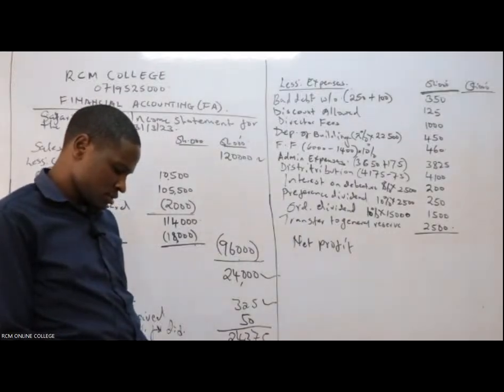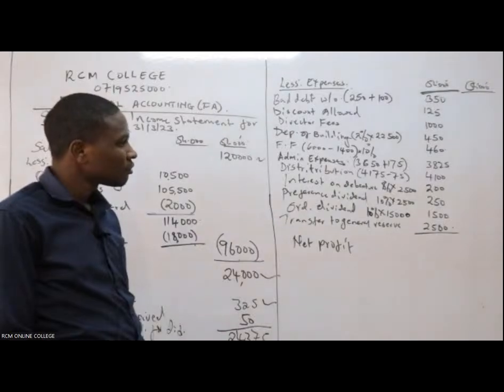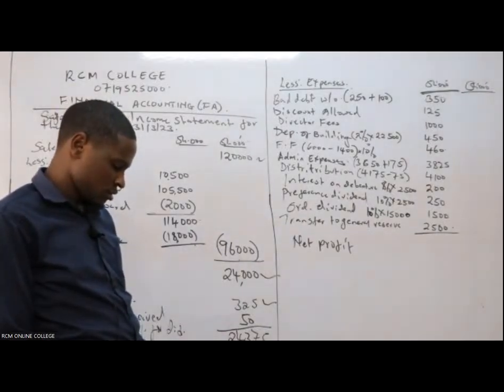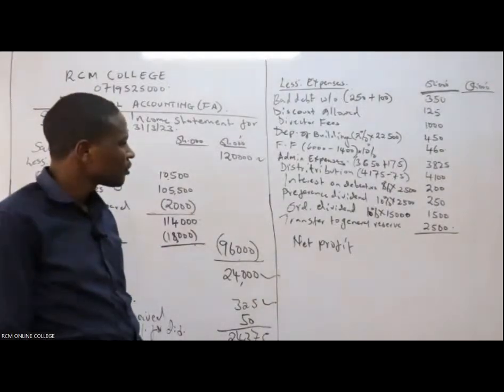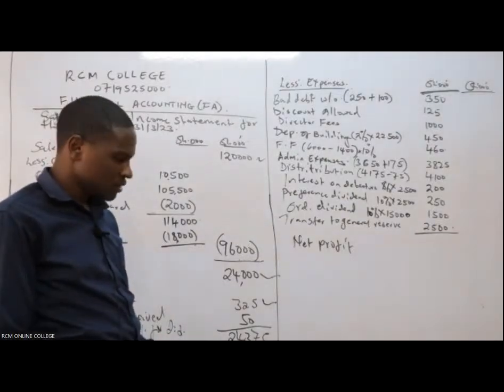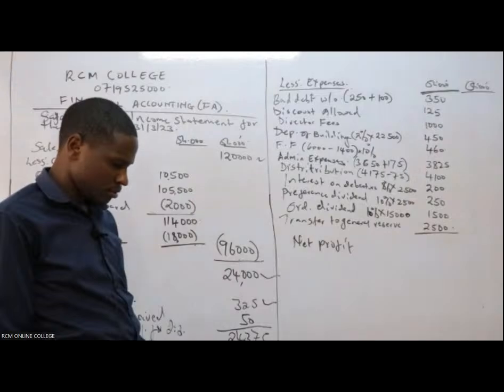Those expenses, I think so. Okay. 200, interest paid. Already that one is taken care of. Okay. Preference dividend. Yes.